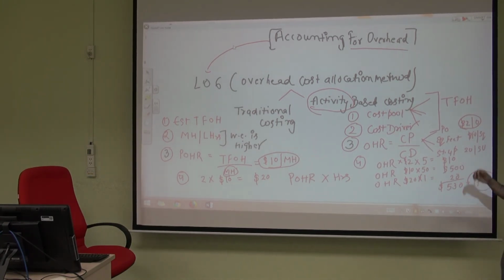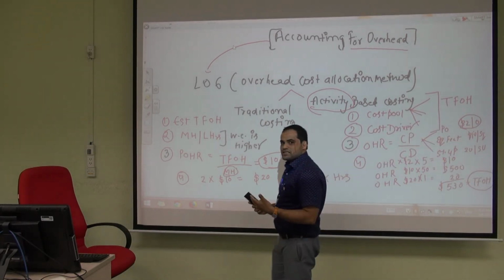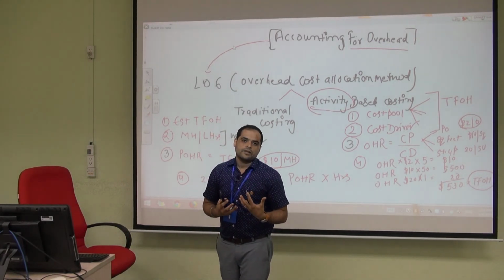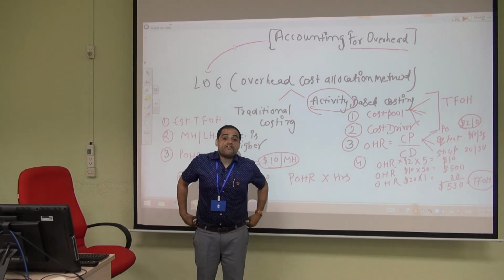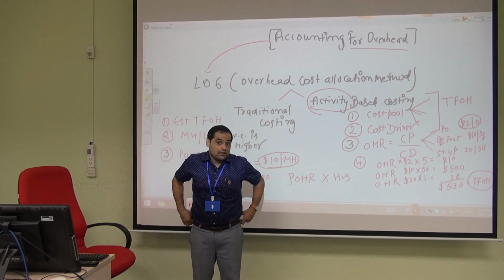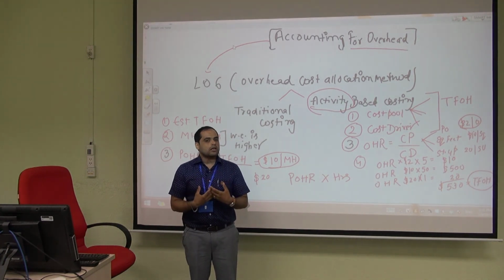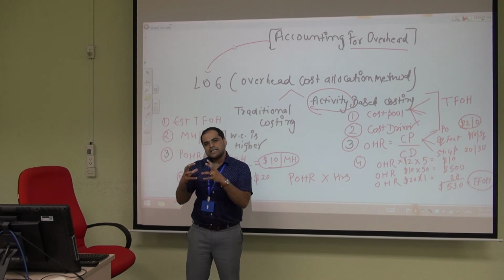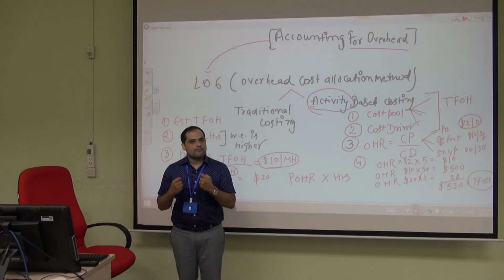So you can see that compared to traditional costing, activity-based costing is more specific and detailed. Activity-based costing is telling us in great detail the reasons behind it. Why? Because we did not ignore anything; we considered each and every single driver, each and every single activity.